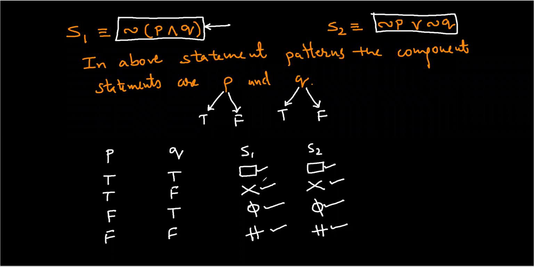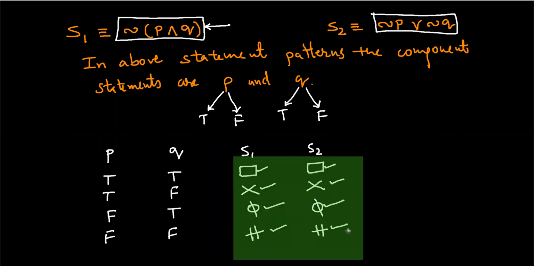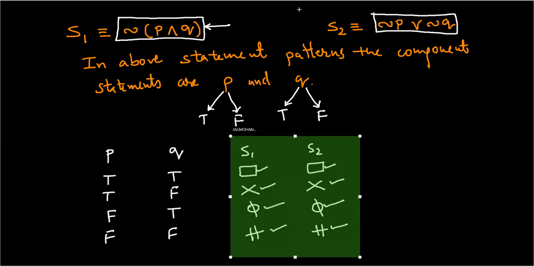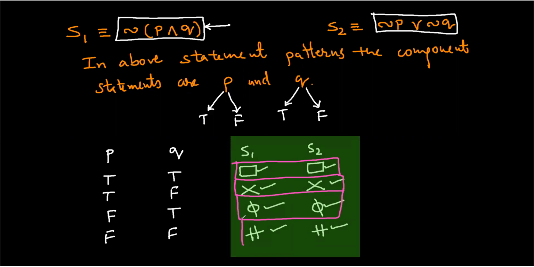So what do you notice here? You notice that S1 and S2 have identical truth values for the given truth values of their component statements.